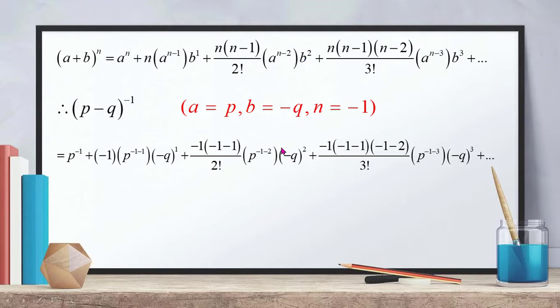Then our b is negative q raised to the power 2. Then we're going to have negative 1, negative 2, negative 3 divided by 3 factorial, p, then negative 1, negative 3, and negative q cubed, because our b is negative q.